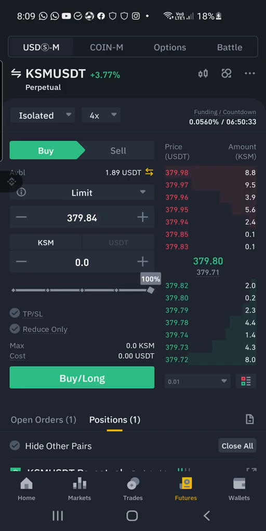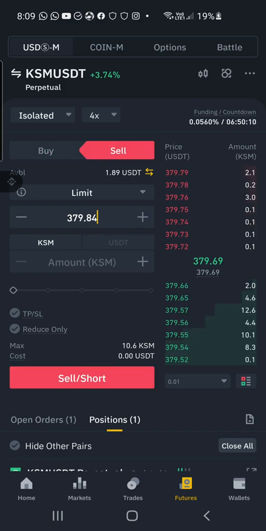Do I want to buy for 100% of the USD I have, or do I want to buy only 50% of the dollars I have? How much do I want to buy for? So you slide this and you click on buy/long, and that way you are saying that you think that this coin is going to increase in value.